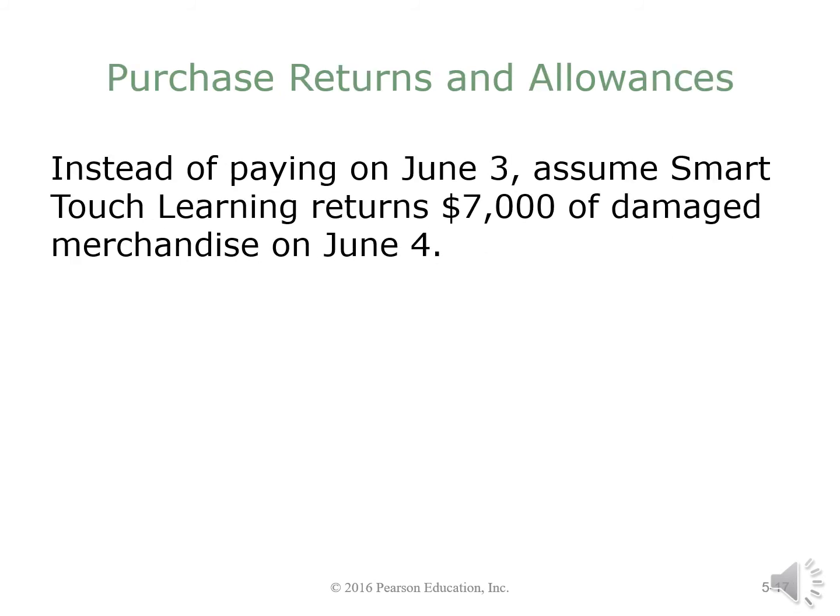Now that was just to play the if game, so now we're back to still owing that $35,000 for accounts payable. Before we pay it though, let's say that SmartTouch Learning returns $7,000 of the merchandise because it is damaged. What would be our journal entry?